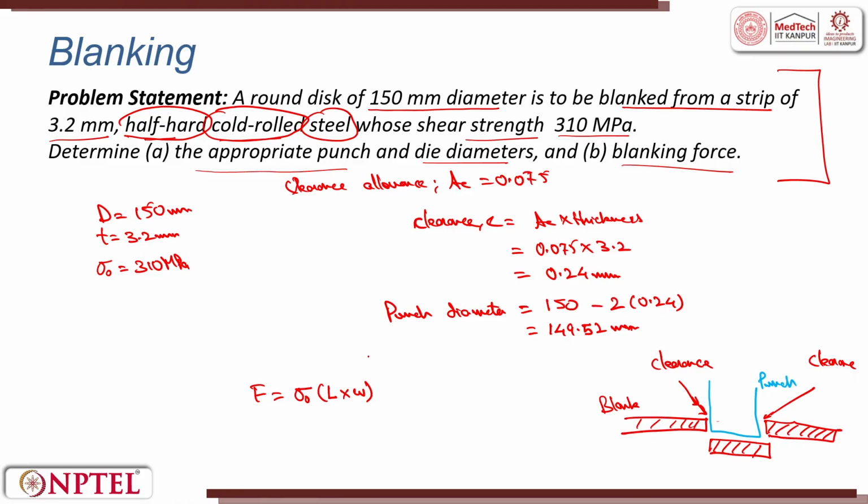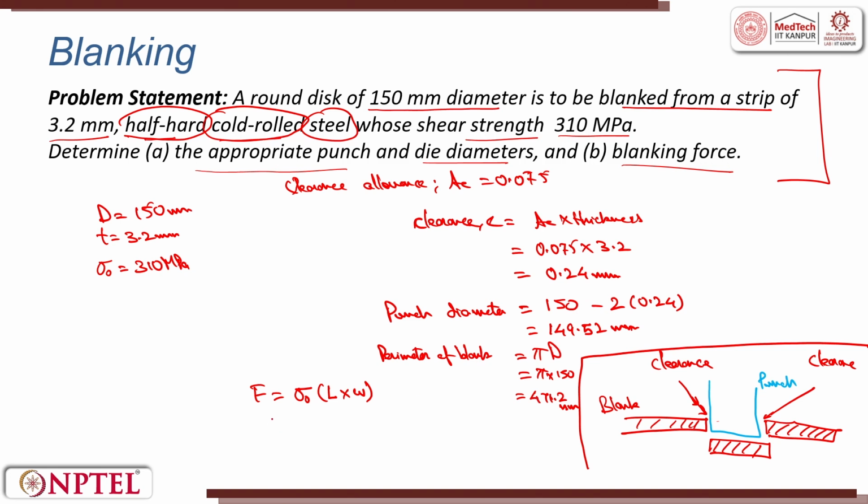So, I will find this perimeter so that I can put it here. Perimeter of blank is equal to 2 pi r or pi d. This is equal to pi into 150, or this is equal to 471.2 millimeters.